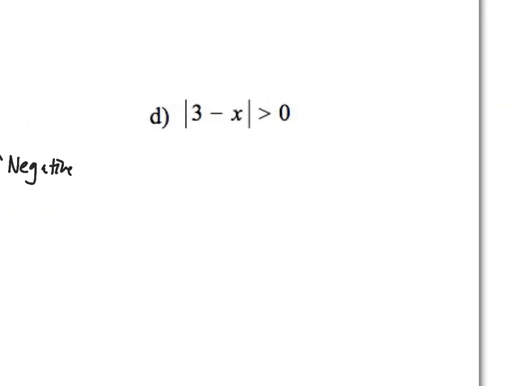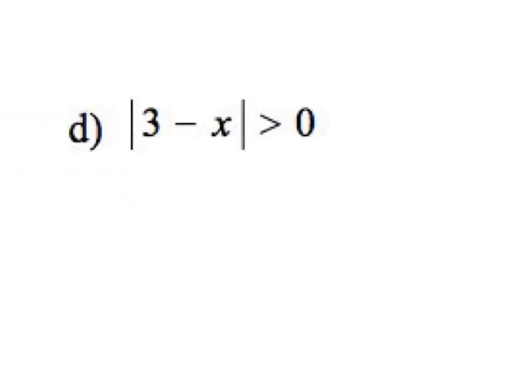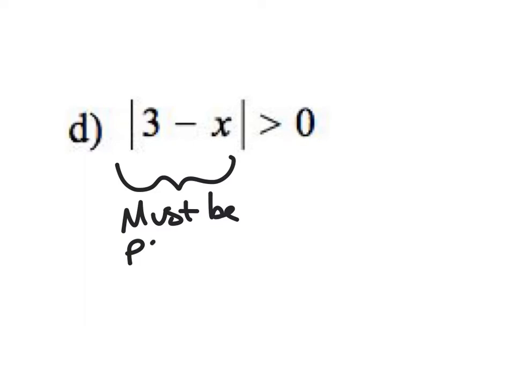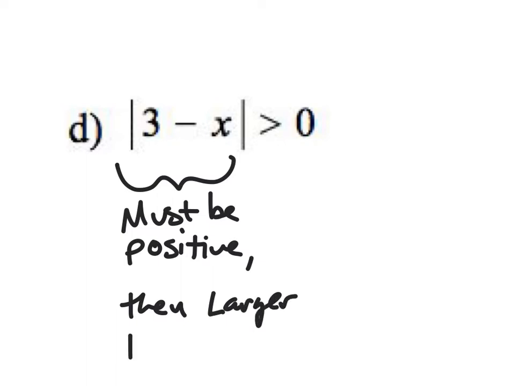Now let's take a look at D. What I have here is an absolute value problem, and that's going to be greater than 0. Now, here's the thing. When something must be positive, then I know that it's larger than 0, which is what we have here.